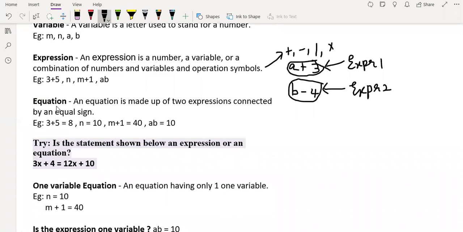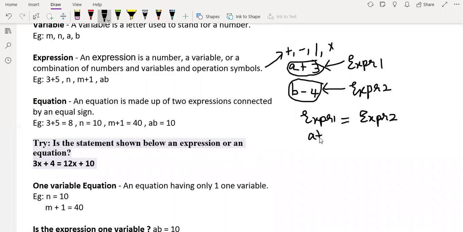So what they are telling, to form an equation, it is nothing but made up of two expressions connected by an equal to sign. So expression 1 equals expression 2. We are following what they are telling. So that means these two expressions should be separated by equal to sign, that we have done. So by substituting, expression 1 is nothing but a plus 3.